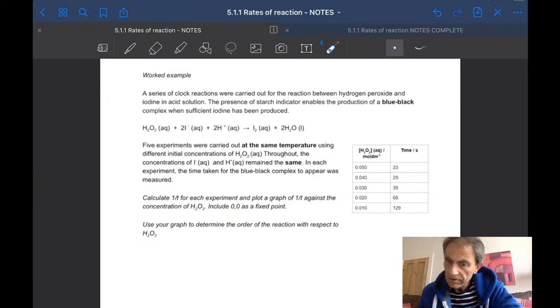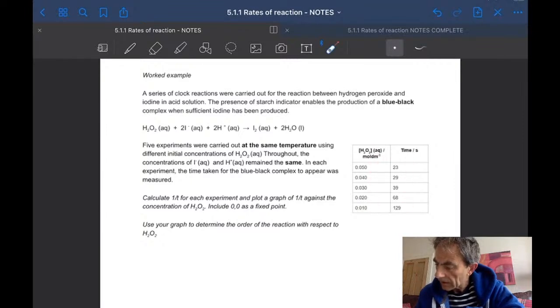Throughout, the concentrations of all the other reactants are kept the same. That's really important. Otherwise, if other reactants are changing their concentration, they could potentially be altering the rate because they mightn't be zero order. Okay, so to cut a long story short, there's your concentrations, there's your times.